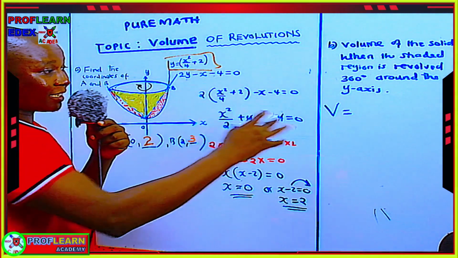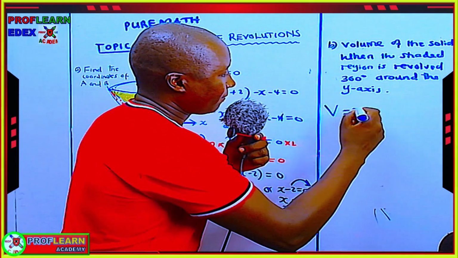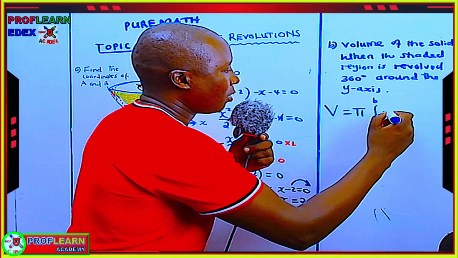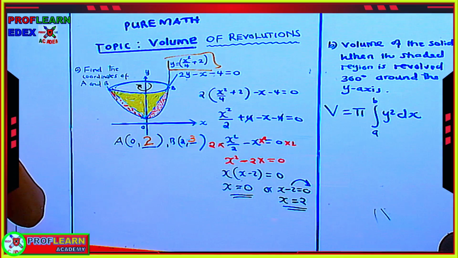The volume of the solid formed is usually given by the formula pi integrating from a all the way to b, y squared with respect to x. This is the formula we're going to use.